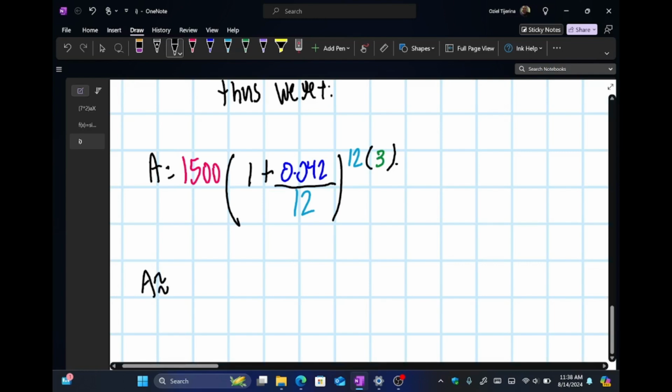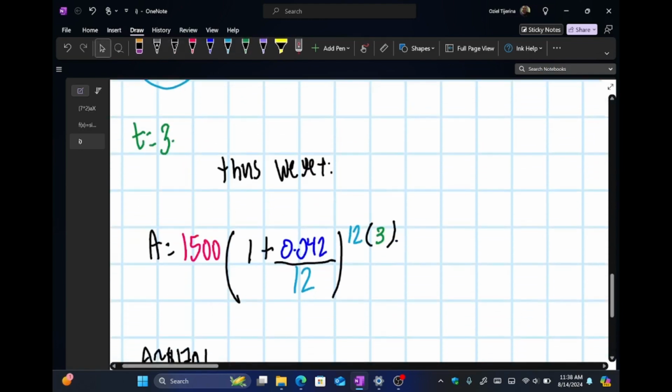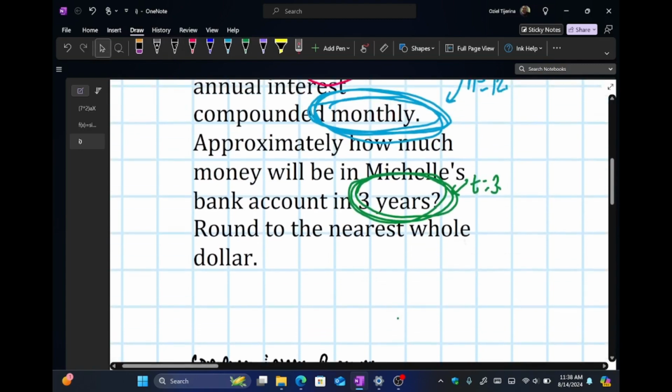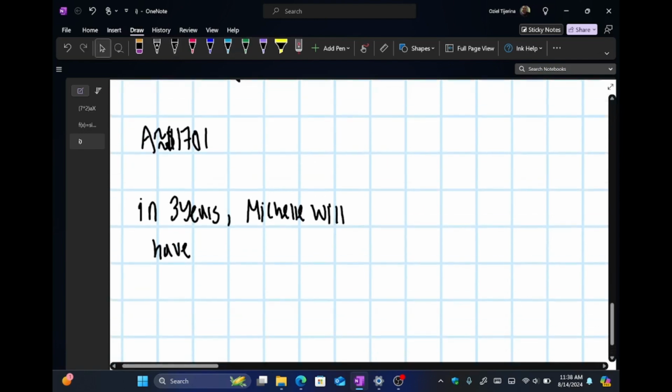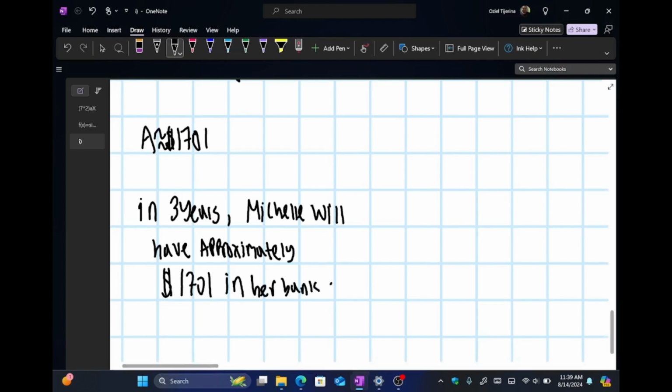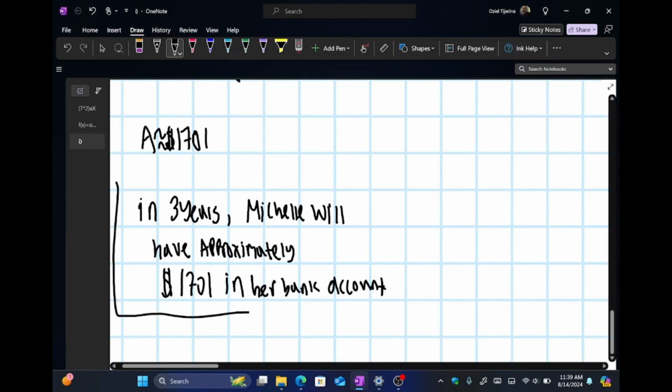A is approximately $1,701. So to end the problem, in 3 years, Michelle will have approximately $1,701 in her bank account. And that would be our answer.